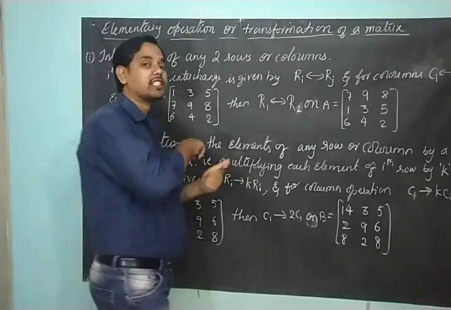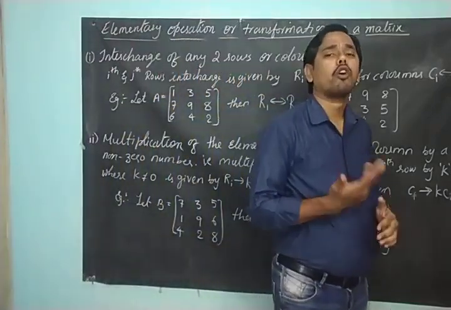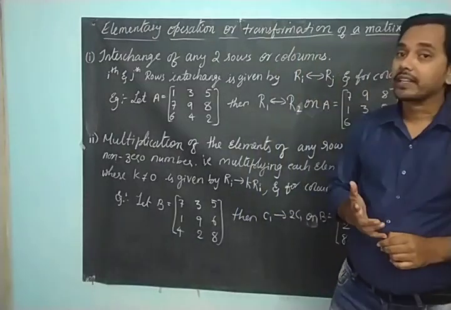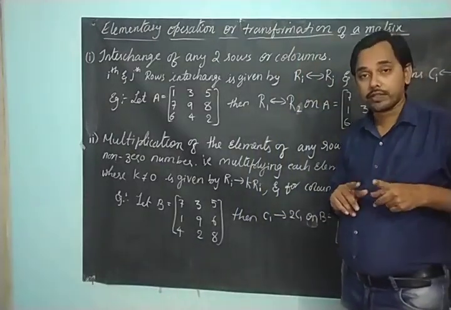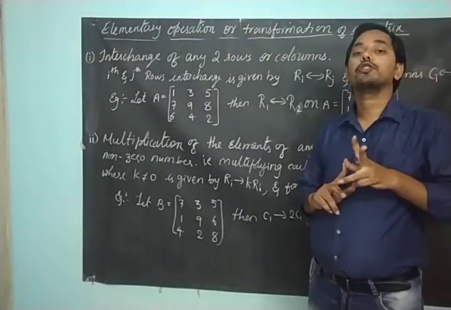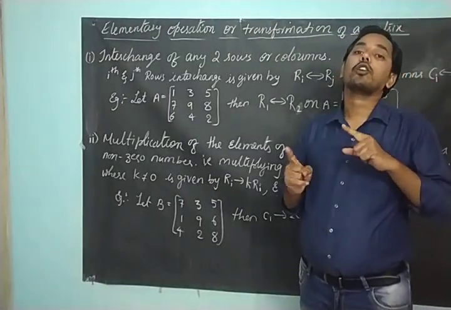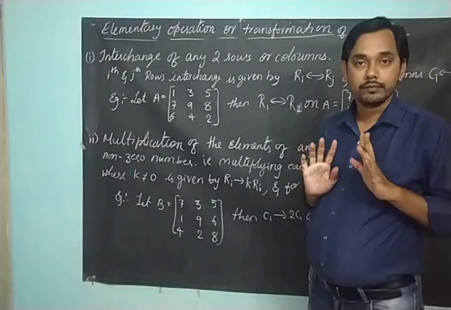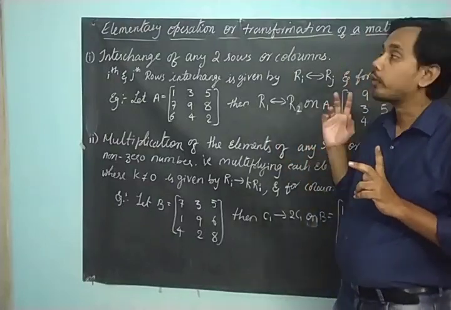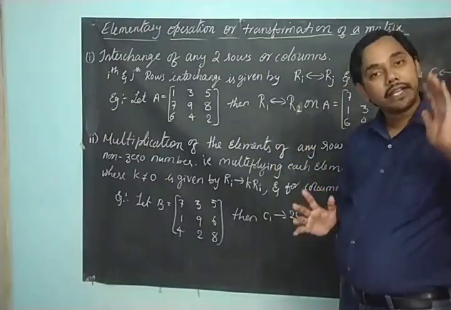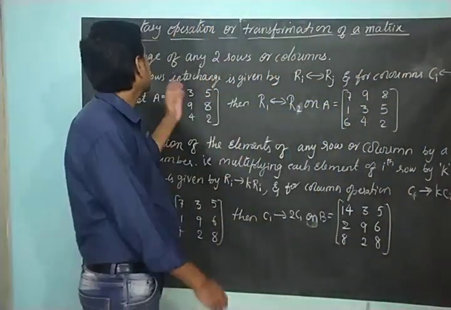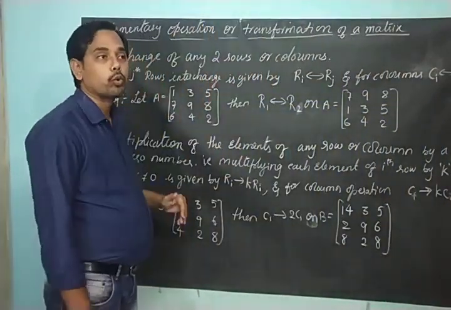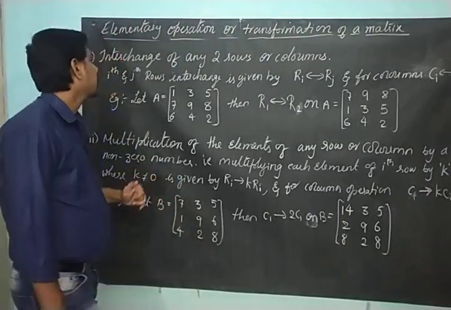You can interchange rows or columns, but if you are interchanging rows, you should interchange 2 rows, and if you are interchanging columns, you should interchange 2 columns. You cannot interchange a row with a column. You can only interchange row with row or column with column.